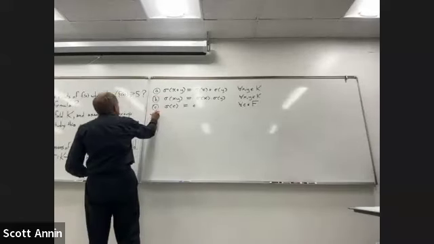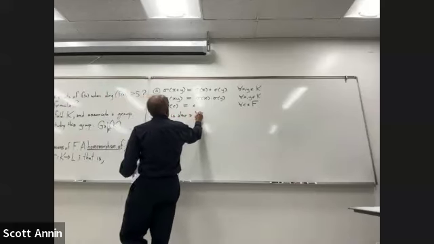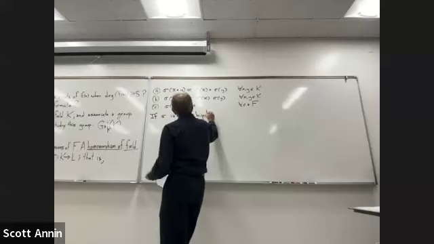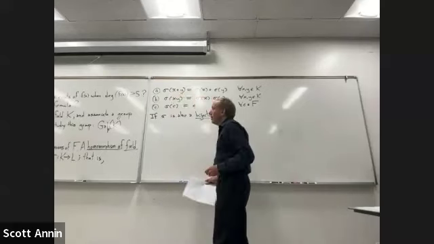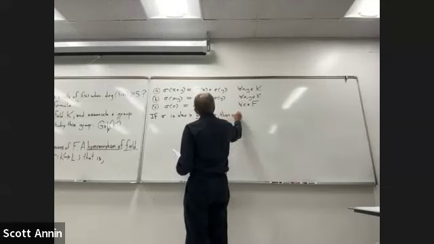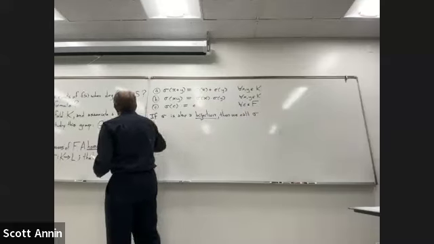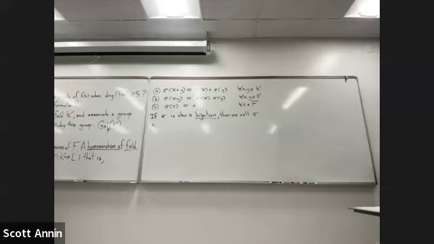And I should add here that if sigma is also a bijection, okay, so that's also possible, then we call sigma, what do you suppose we're gonna call sigma in that case?